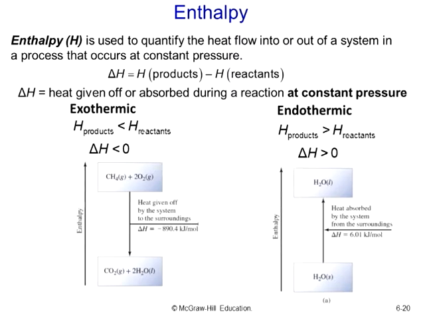At constant pressure, exothermic and endothermic reactions have opposite signs. In the exothermic reaction, the product is less than the reactant. In the case of an endothermic, the product is greater than the reactant. Delta H is less than 0 for an exothermic. It is greater than 0 for an endothermic process.